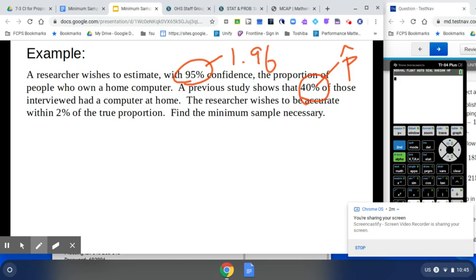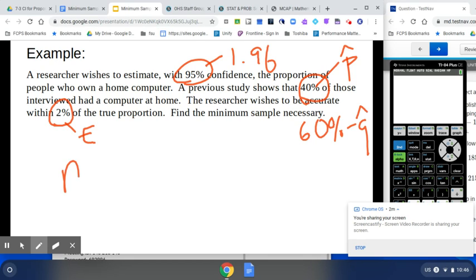The next value, we want to be accurate within 2%. So that is our margin of error, or E. Okay, so if our p hat is 40%, 40% of people own a computer, that means 60% would not own a home computer. That would be the complement of p hat, so that would be q hat.